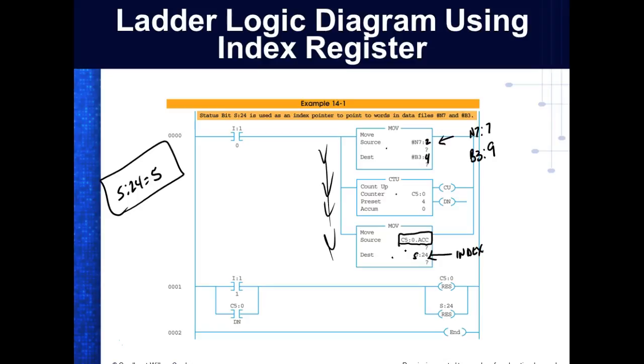Then we specify an offset, right? You understand that? So what the actual offset would be is that we take whatever's in the index register, we add the offset to it, and then this is going to give us our word.